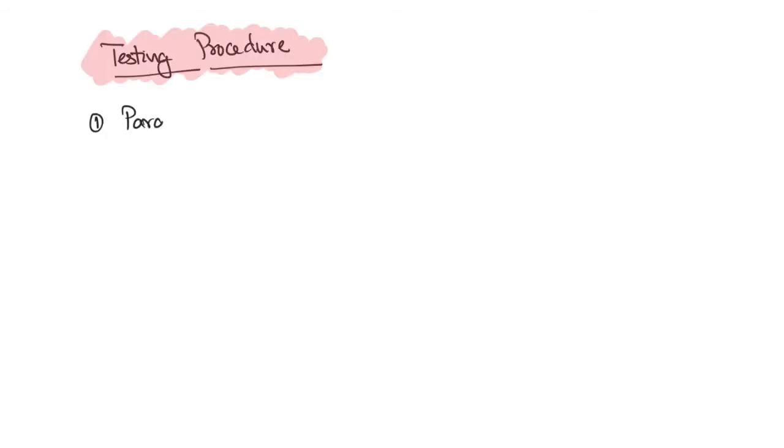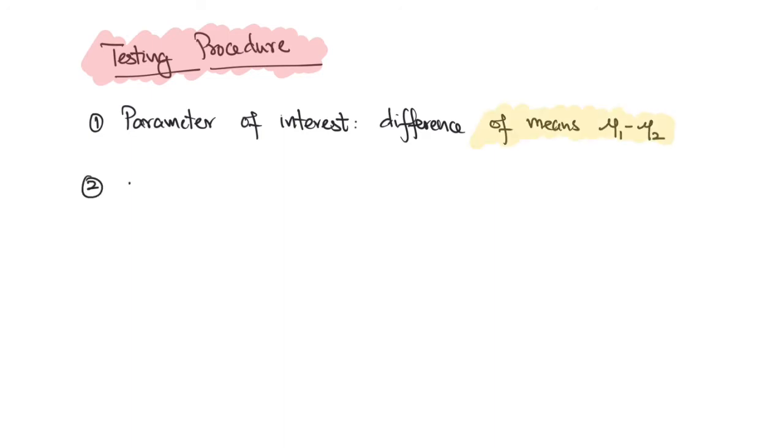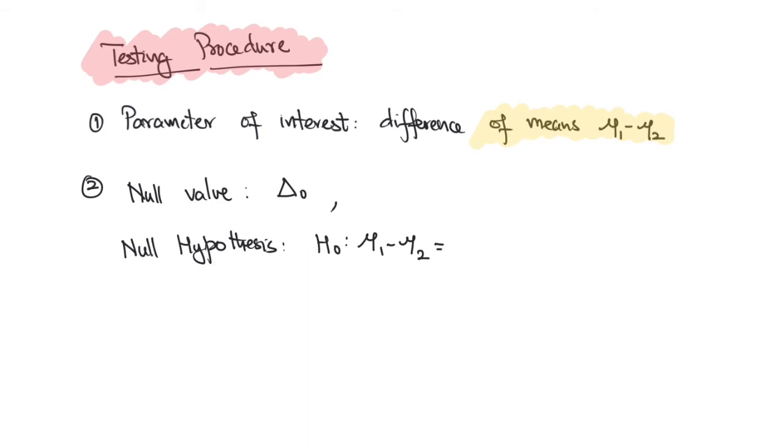The testing procedure is going to be as follows. We're going to note that the parameter of interest is the difference of means, that is mu1 minus mu2. The null value is going to be denoted by delta 0, and the null hypothesis is going to be that the difference of the means equals the null value delta 0.